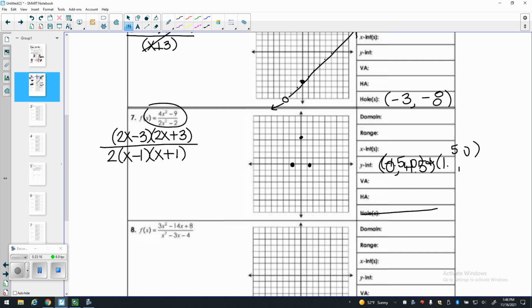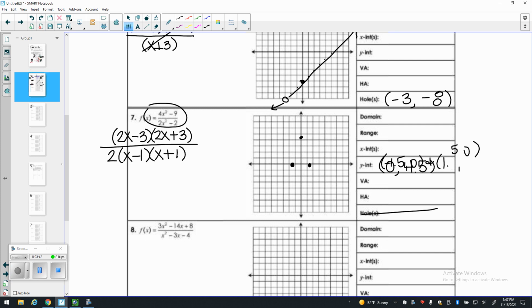Okay. Flip back over. I have my x and y intercepts. What do I find after I find my x and y intercepts? Look, this is your vertical asymptote. How do you find your vertical asymptote? Set your denominator equal to 0. Now, the first thing you have in your denominator is that 2, correct? Does 2 ever equal 0? No, so that cannot be an asymptote.